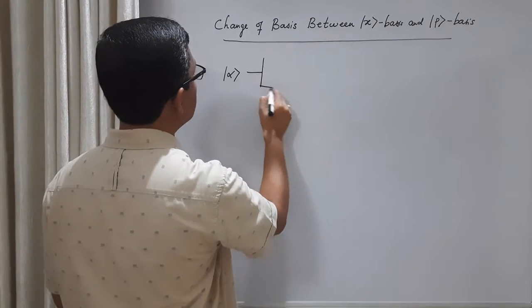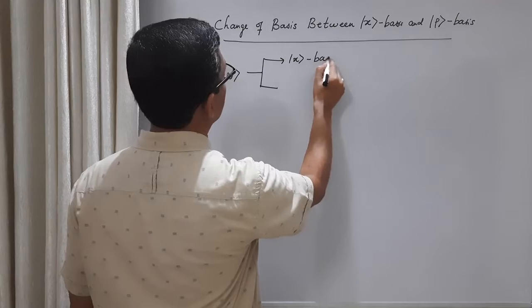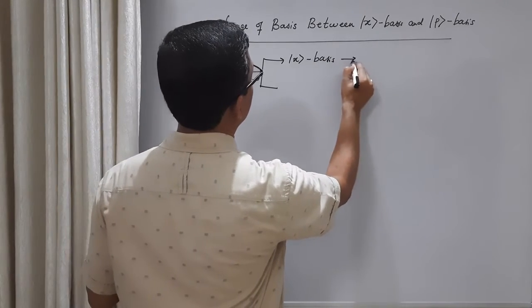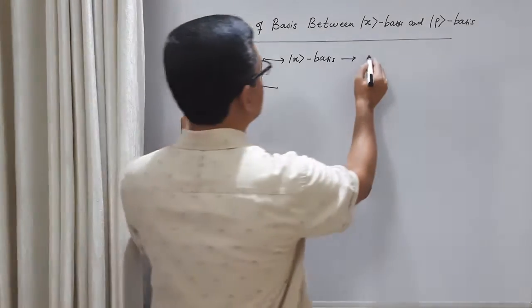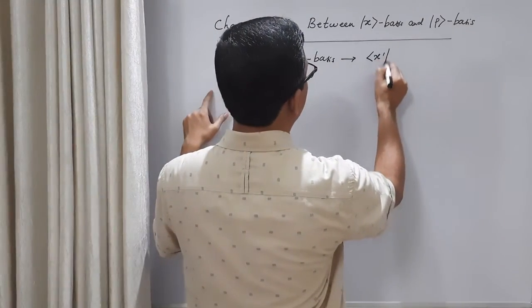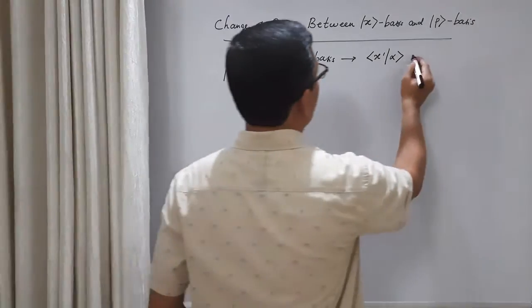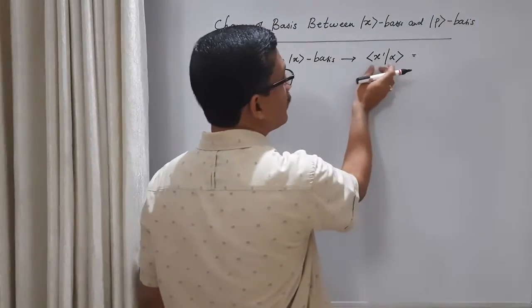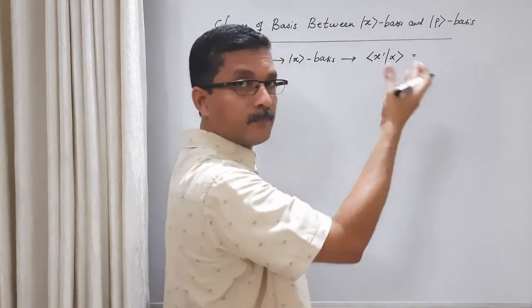So if we express this in position basis, then we have to take the component of this ket in position basis. Okay, so we have <x'|alpha>. Now this we call the component of this ket alpha along the direction x prime or position basis.